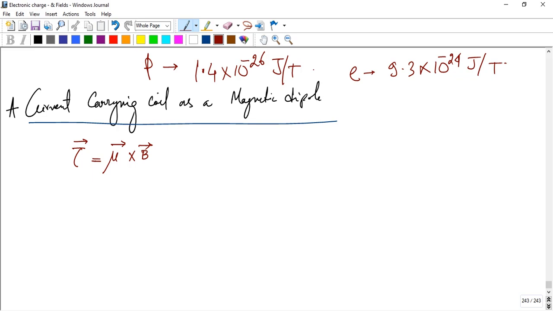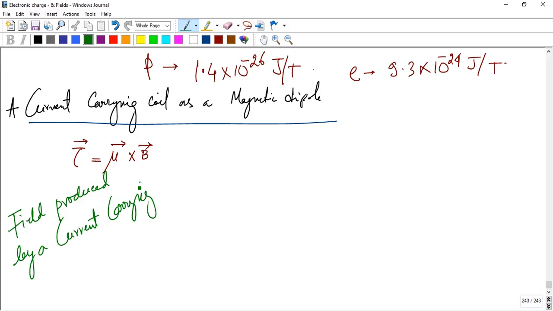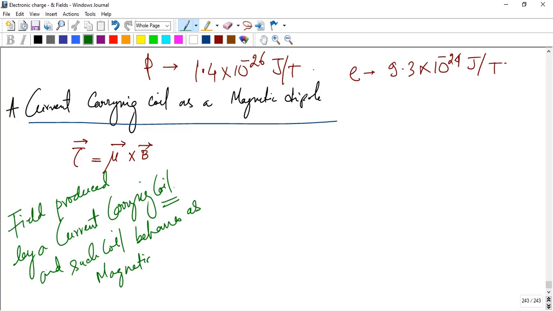And here the main important concept is that the field produced by a current carrying coil, and such a coil behaves as a magnetic dipole.